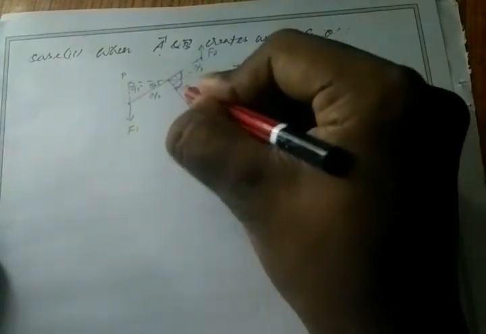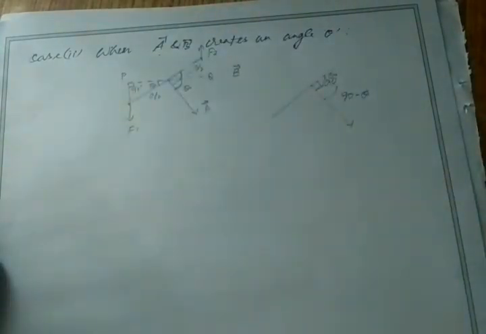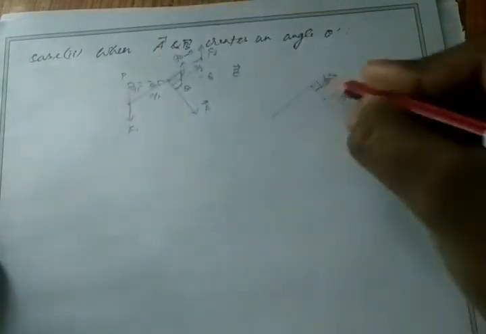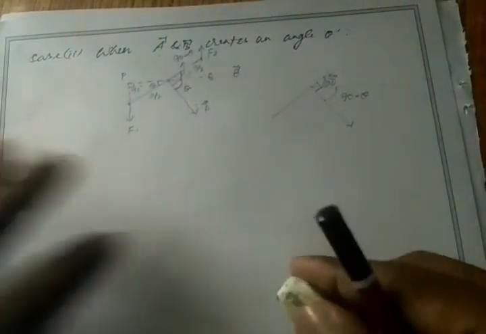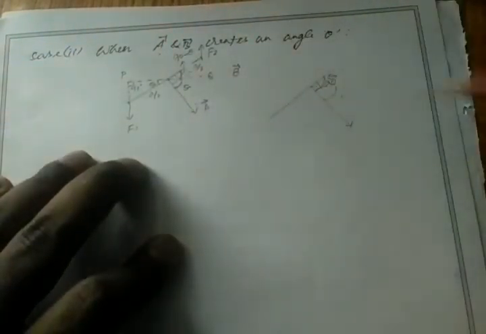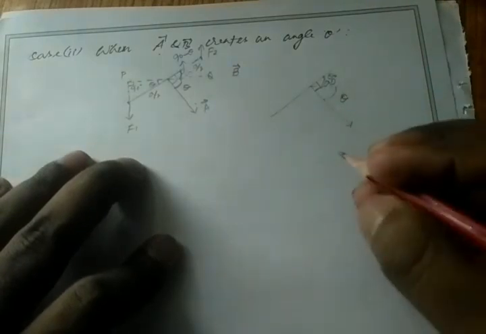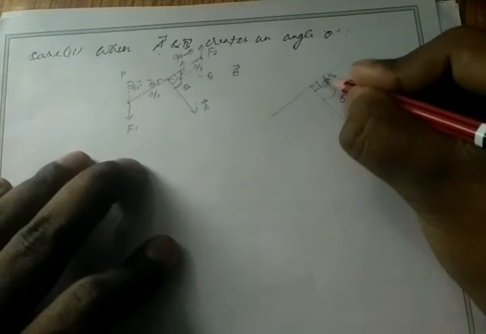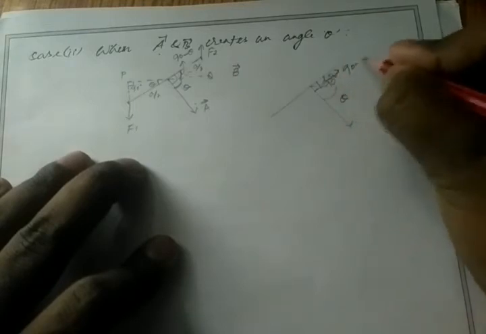So the angle between these two is theta. If this is theta, then this will be 90 minus theta, because this total angle is 90 degree. So I redraw it here. If this is our theta, and this total is 90 degree, then this one will be 90 minus theta.